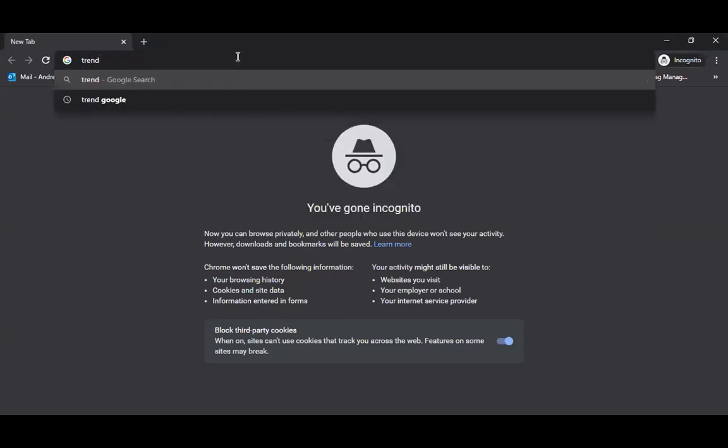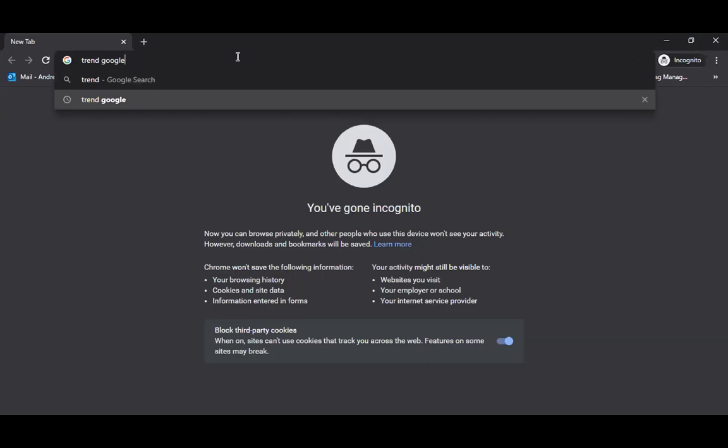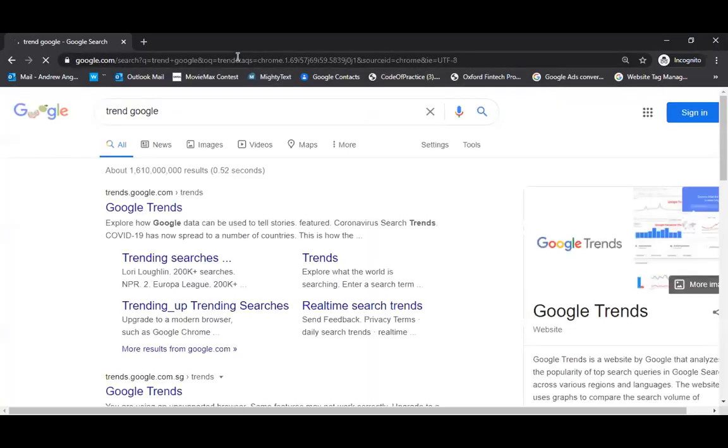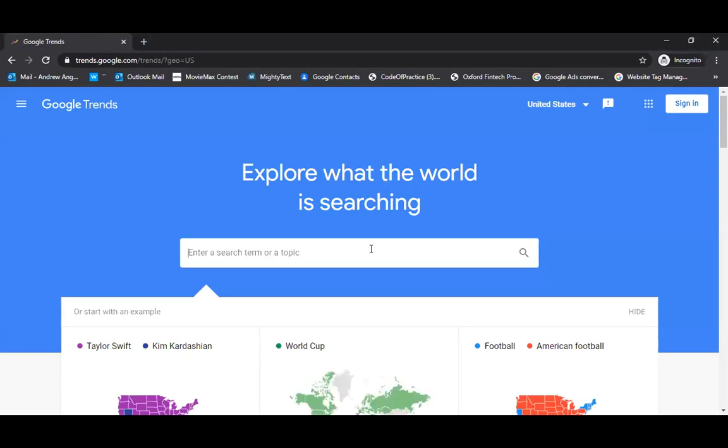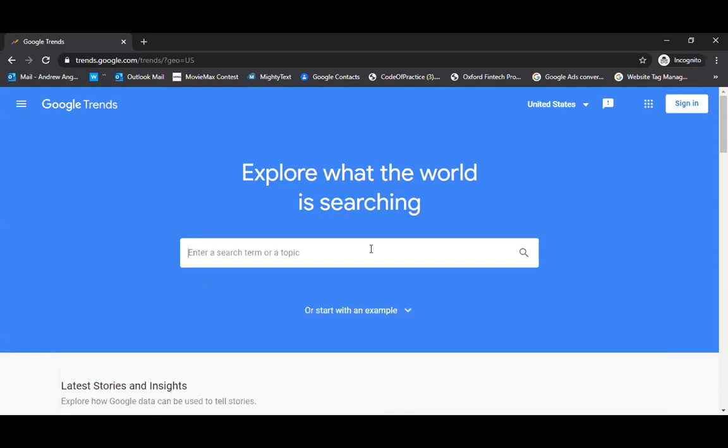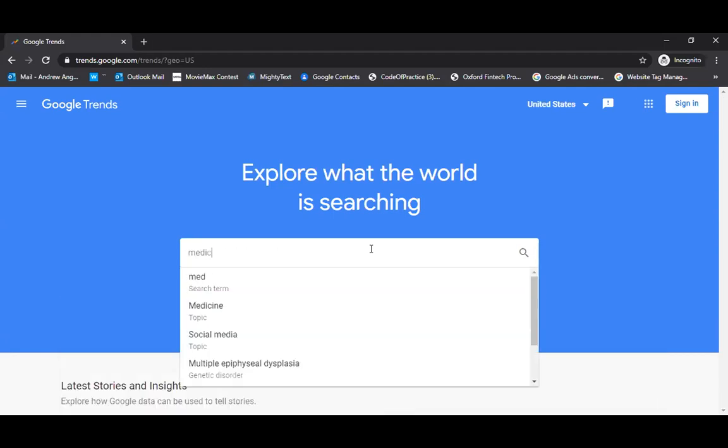I want to introduce this thing called Trends Google. These two words, Trends Google. It's relatively new. If you're one of the persons who wants to buy a domain this weekend, you can use this to do research about what is trending right now. Let's say for example we Google for medical.